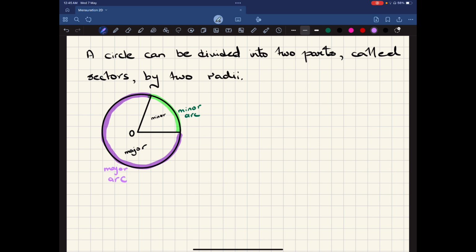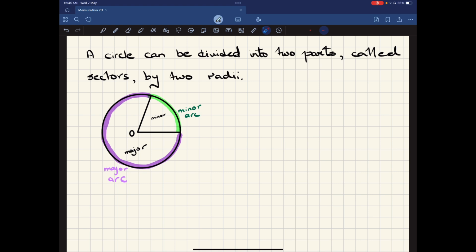Okay. And a sector is a region of a circle that is contained by an arc and two radii. So sector is region of a circle which is contained by an arc and two radii. Okay, an arc and two radii. So I hope we're clear with the definition and the terms.